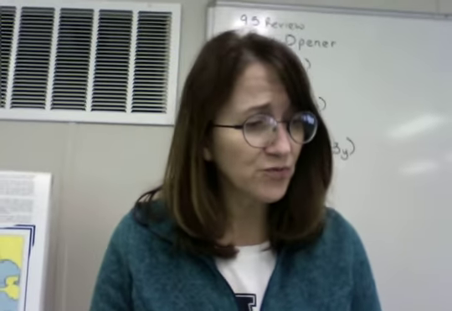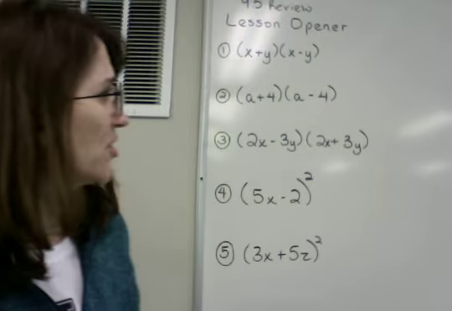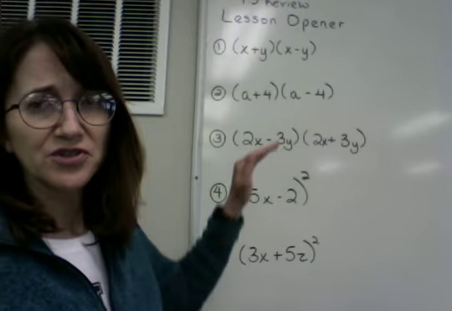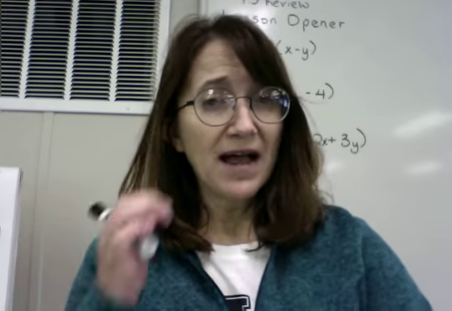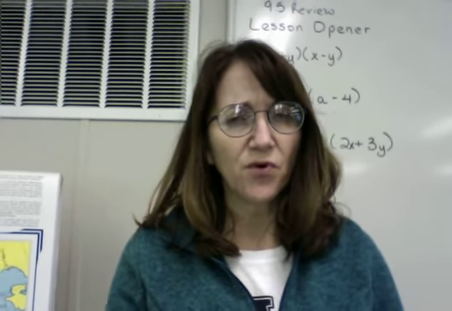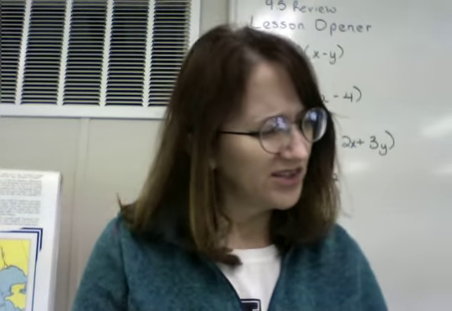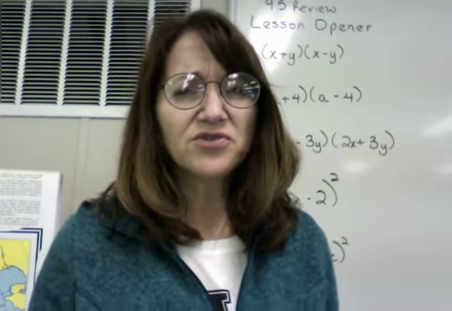What we learned in 9.5 is special products, and one of these products was called difference of squares. What we learned back in chapter 9 is that with a difference of squares, I don't have to use the full method and kill myself trying to figure it out.